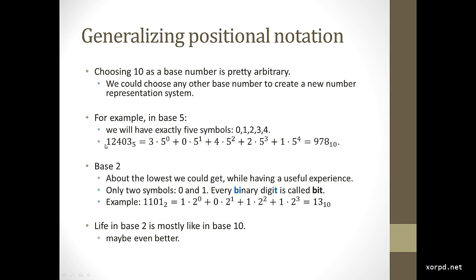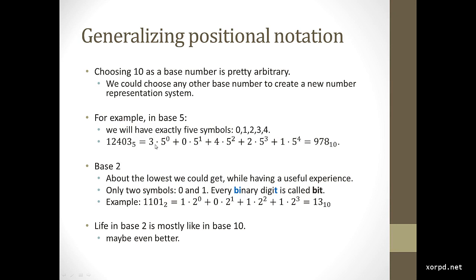As an example, this number, 12403 in base 5, this is how we note base 5, equals this number: 3 times 5 to the power of 0 plus 0 times 5 to the power of 1 plus 4 times 5 to the power of 2 plus 2 times 5 to the power of 3 plus 1 times 5 to the power of 4, which eventually equals this number.